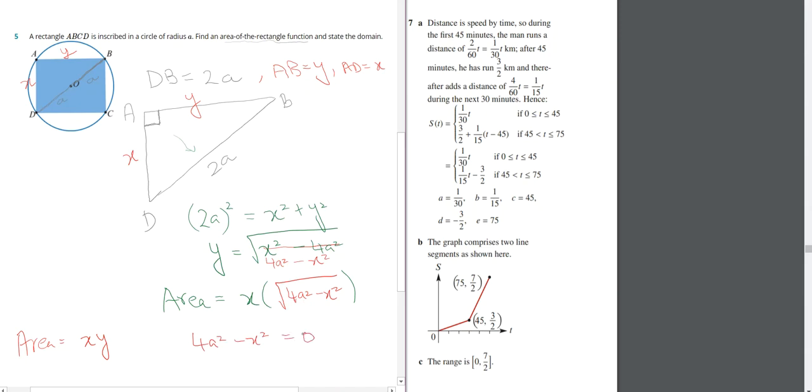All right, so move x squared to the other side and you will get 4a squared equals x squared, eventually ending with x equals plus minus 2a. So the domain for this function is negative 2a to plus 2a.